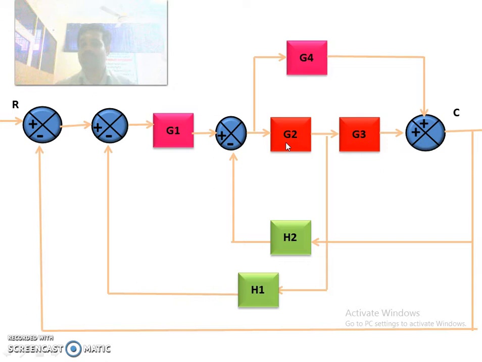If you want to apply the first rule, that is combining two blocks in cascade, what we have to do is move this branch point before this block G2. If you are moving this branch point before this block G2, then we can combine these two blocks into one block.